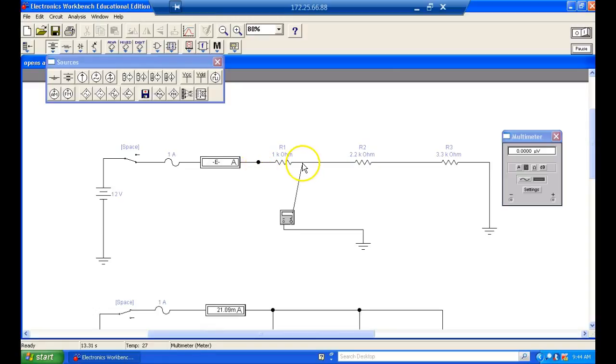On this side of the resistor, I'm going to have less. Oops, my simulation turned off. So here we have 10.15. So that resistor is dropping about 2 volts. Right? That makes sense?